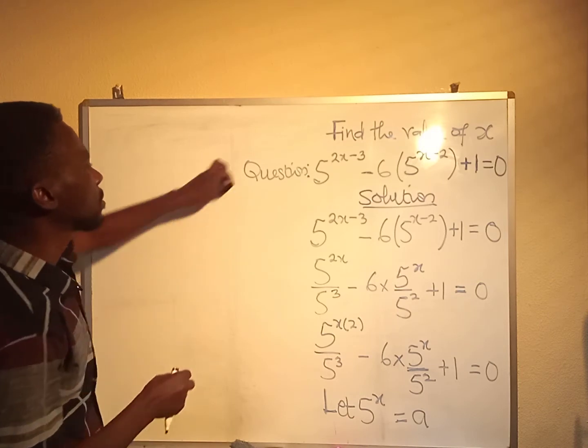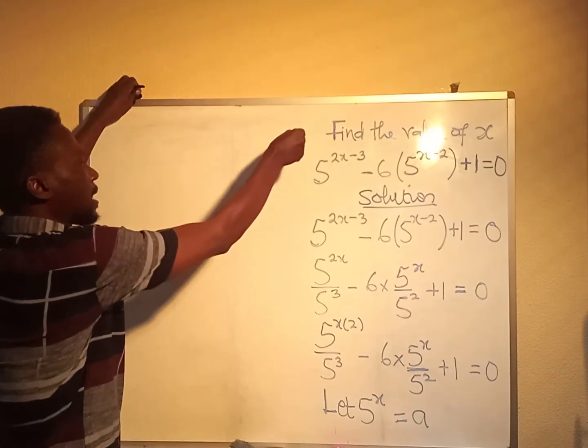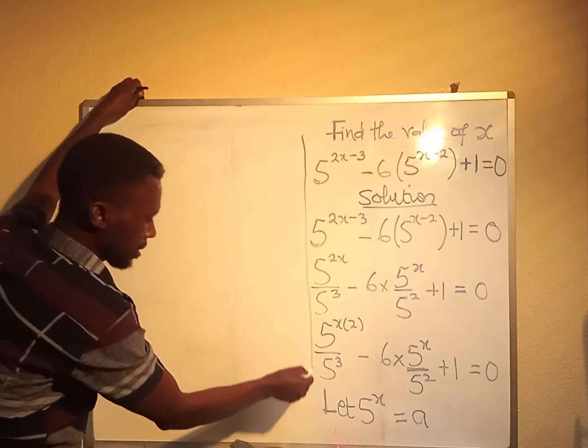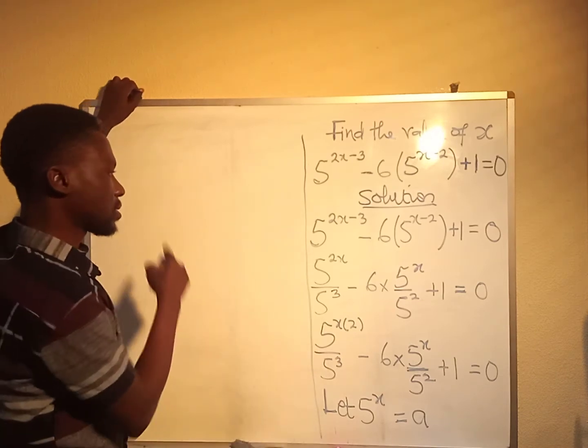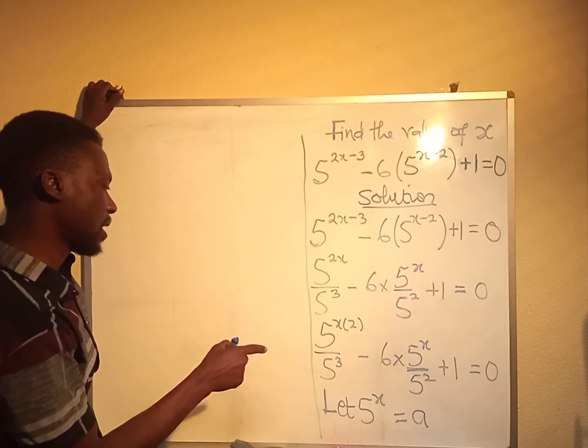Let's wipe this and then draw a line over here. All right, so let's continue. Now, wherever we see 5 raised to the power x, we're going to put a over there.